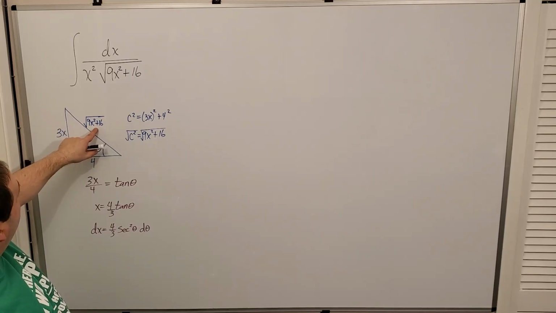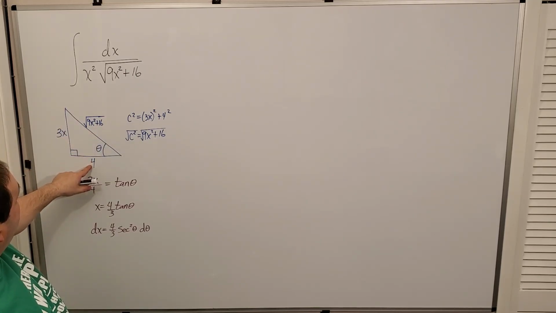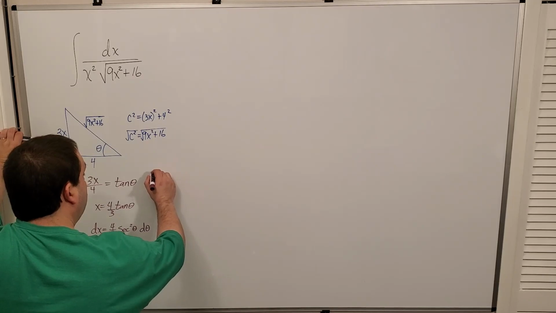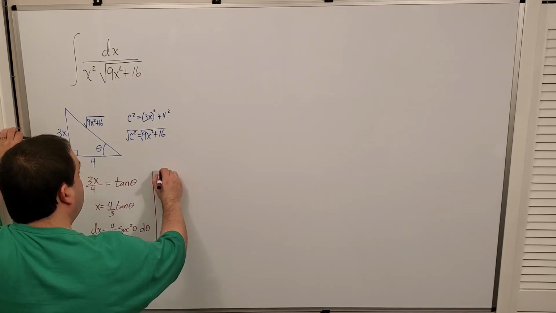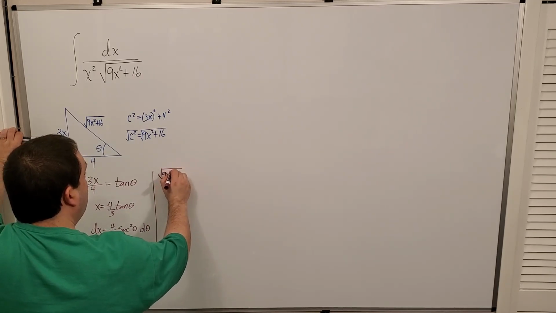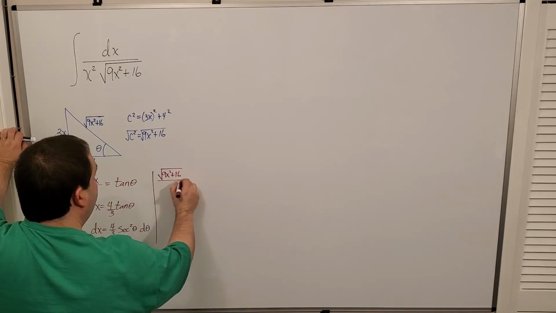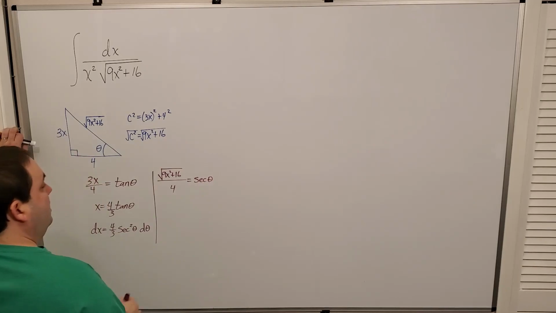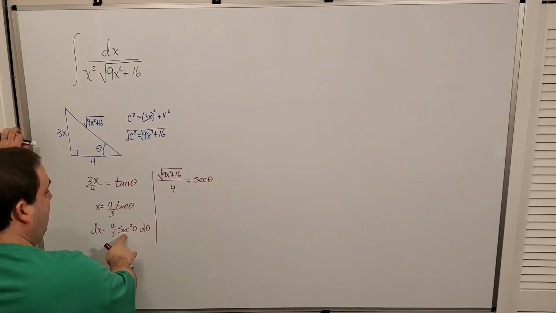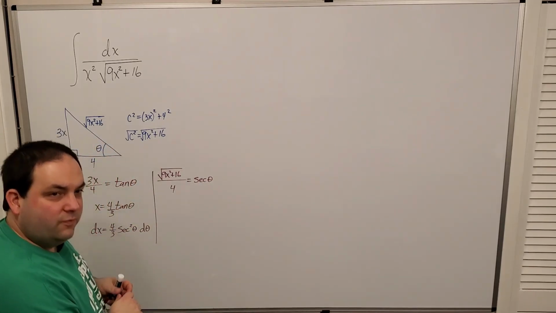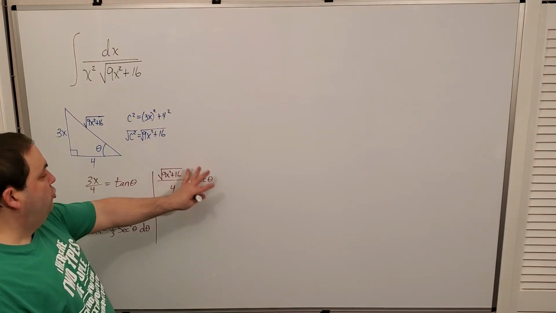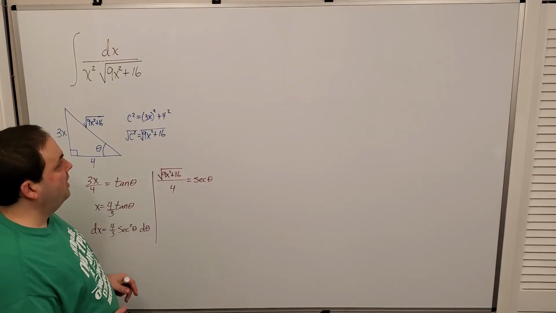Notice if I do the hypotenuse divided by the adjacent, right, that would be secant. So square root 9x squared plus 16 divided by 4 is equal to the secant of theta. Not a coincidence that I'm coming up with the same thing here. That's an old adage for doing things this way. Whatever new trig function you come up with here, you should go ahead and look at the definition of that new trig function.